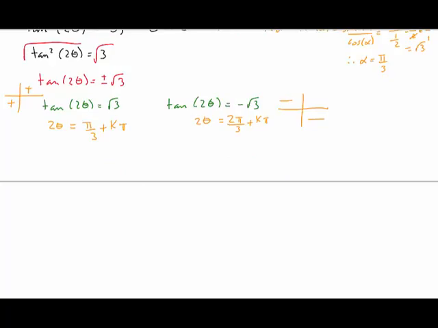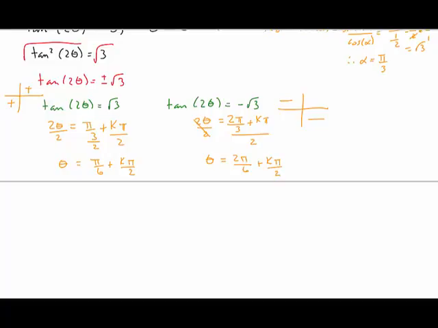Now again, we want to know what theta is, so I'm going to divide both sides through by 2, every single term through by 2. So I'm going to get theta equal pi over 6 plus k pi over 2. Over here I'll divide through by 2 as well, and I'll get theta equal 2 pi over 6 plus k pi over 2.